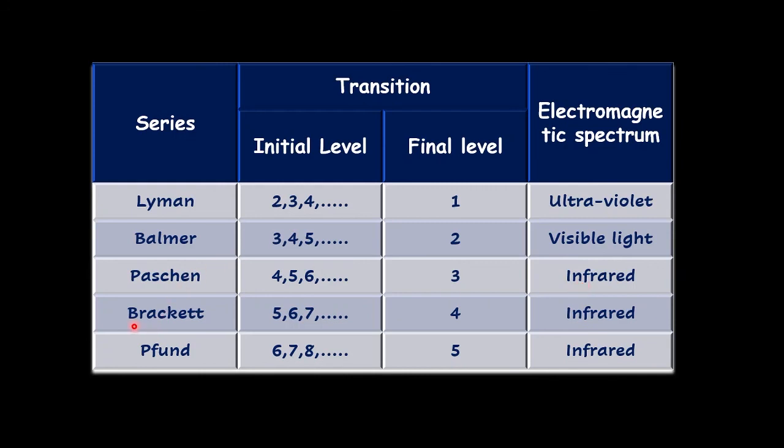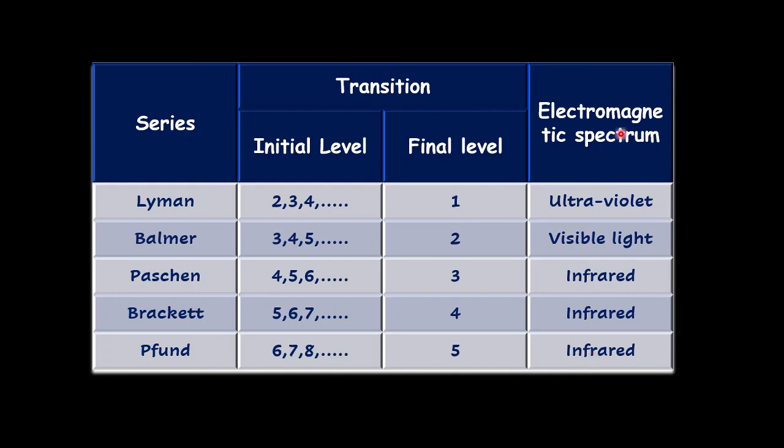For the Brackett series, the final level is n equal to 4, so the emission of photons is infrared. For the Pfund series, the final state is n equal to 5, the fourth excited state, so the photon is also infrared.